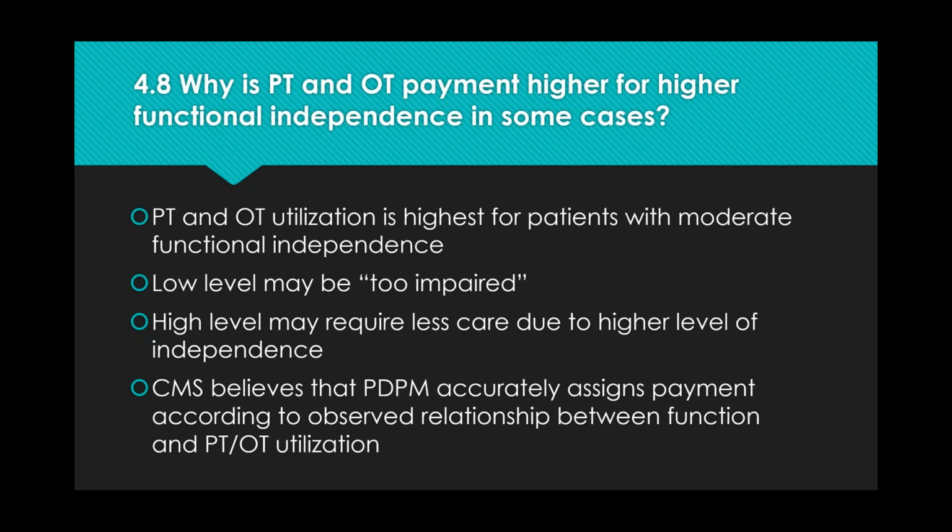But those patients that are not too impaired, according to CMS, will have a higher need of utilization for therapy services. So PT and OT utilization is highest for patients with moderate functional independence. Like I said, the low level may be too impaired and high level may require less care. CMS believes that PDPM accurately assigns payment according to the observed relationship between function and PT and OT utilization.